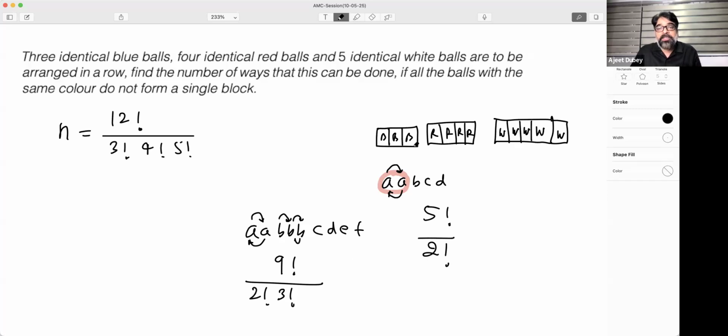The total number of objects is what? 3 plus 4, 7 plus 5, total 12 objects. Assume all are different: 12 factorial divided by arrangement of this, arrangement of this, arrangement of this. I hope it makes sense.